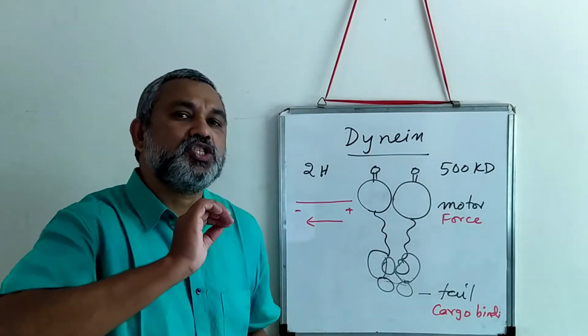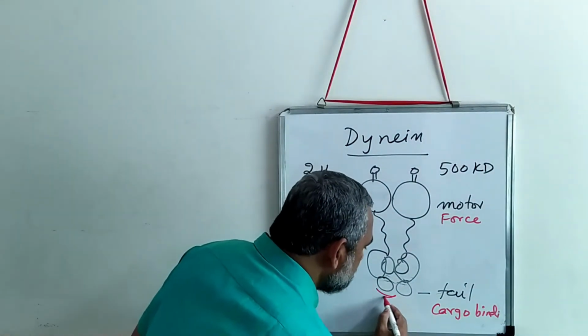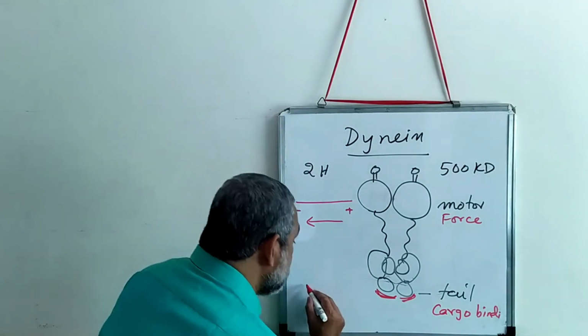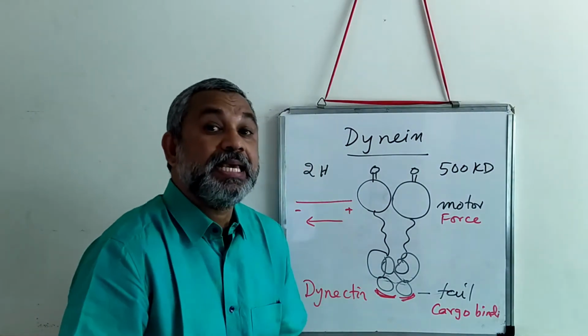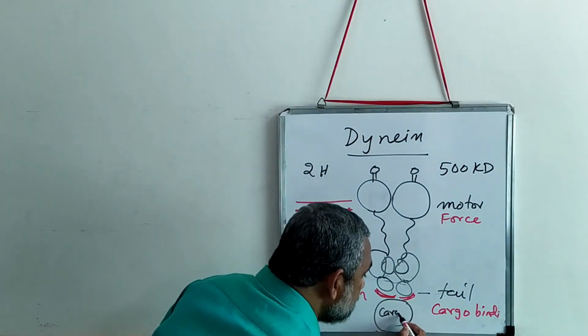Normally, dynein is not directly binding to the cargo. Here there is an intermediate protein which is called dynactin, that becomes the intermediary molecule or protein which helps in binding to the cargo.